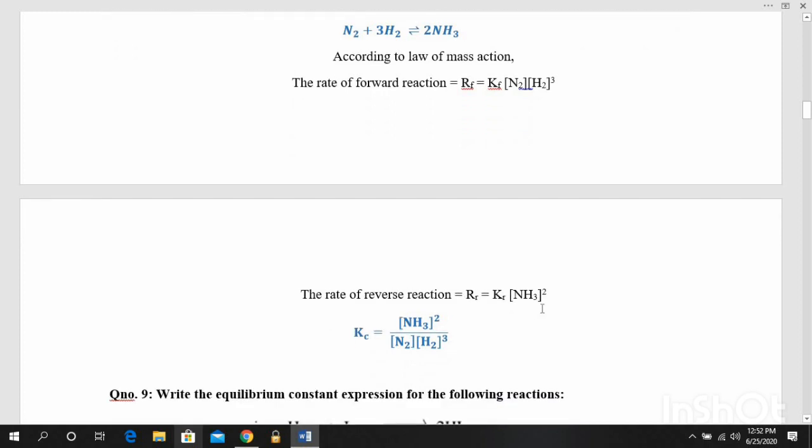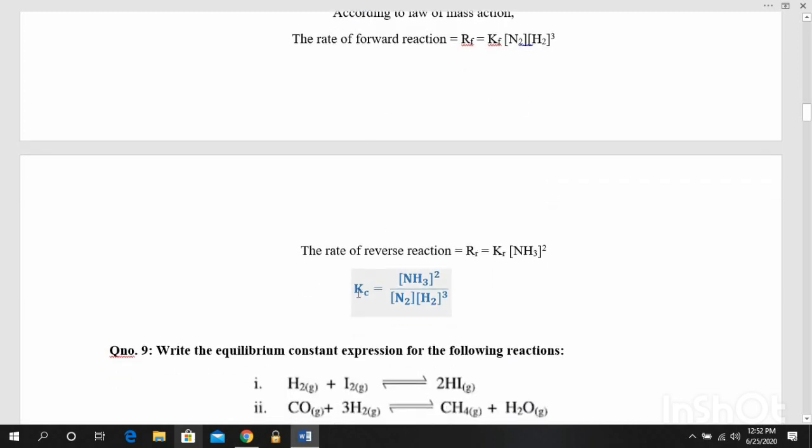Similarly, the rate of reverse reaction, RR, equals Kr multiplied by the concentration of ammonia to the power 2, because in this equation there are 2 moles of ammonia being produced.